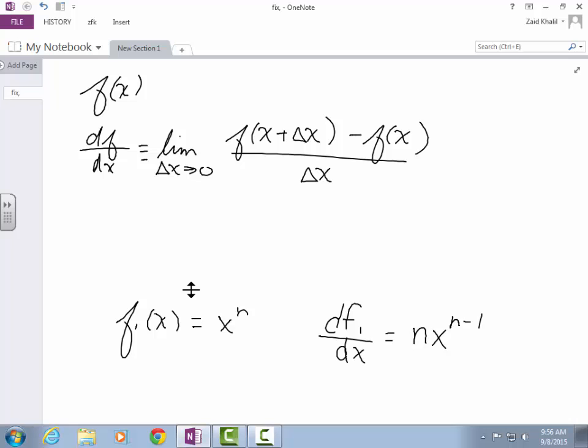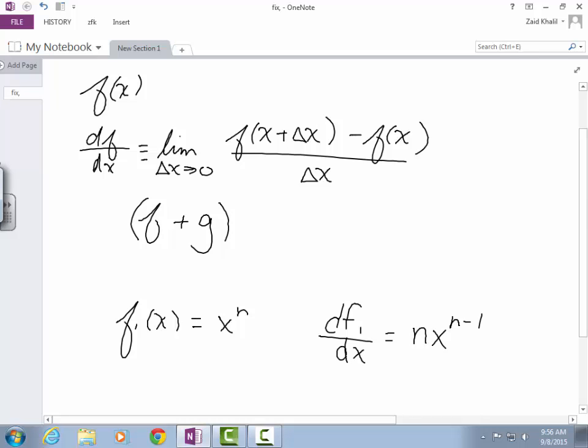The properties to be a linear operator are that if you have f and g, then if you apply the derivative to f plus g, what is this equal to?